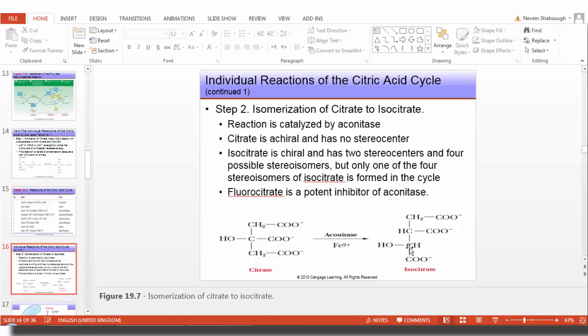Notice here, isocitrate has 2 chiral carbons with the possibility of 4 isomers, but only one of them is formed in the cycle. They found that fluorocitrate is a potent inhibitor of aconitase.